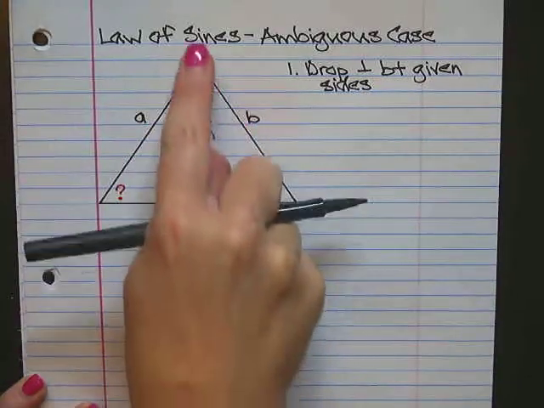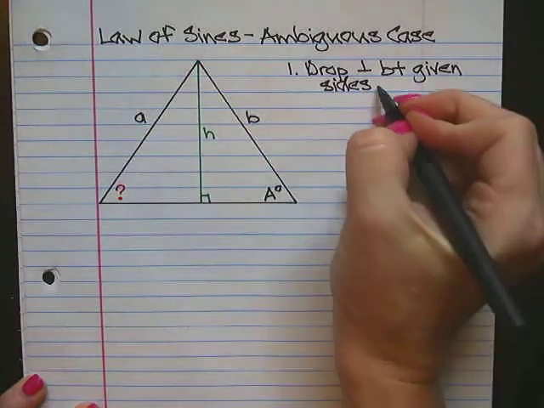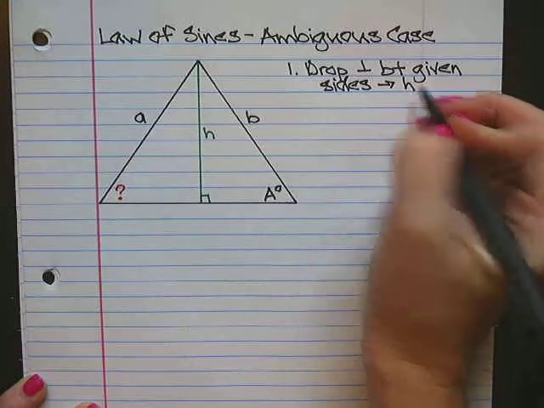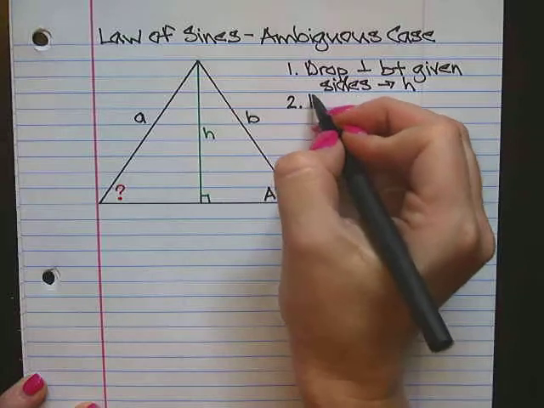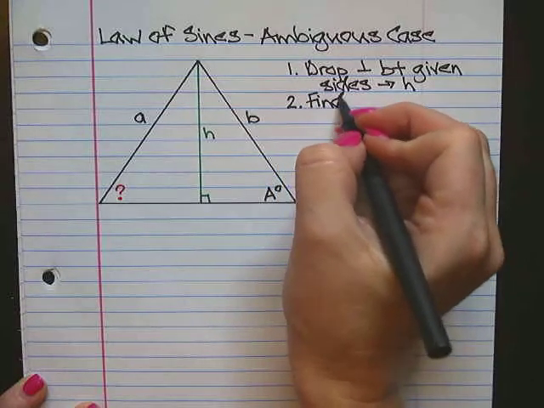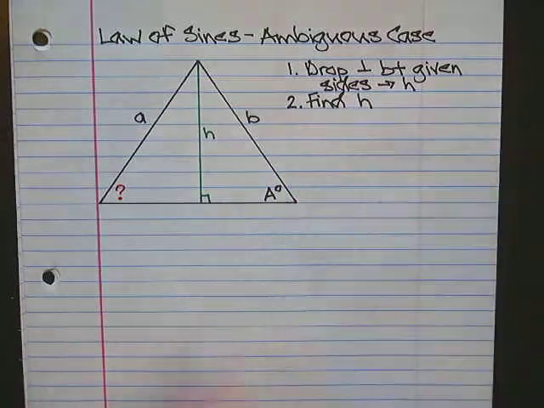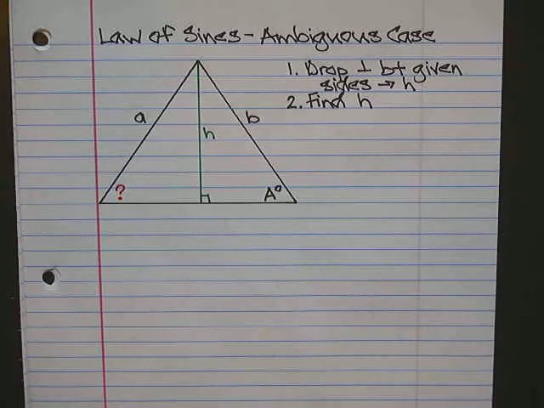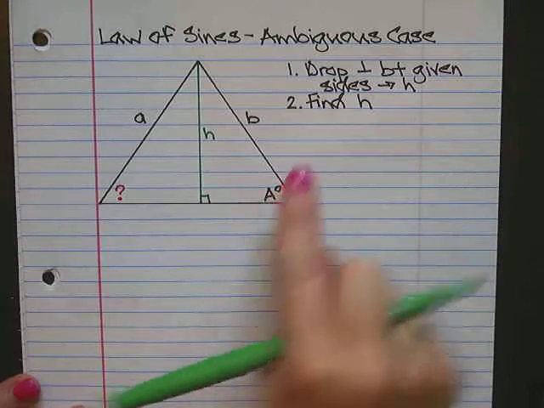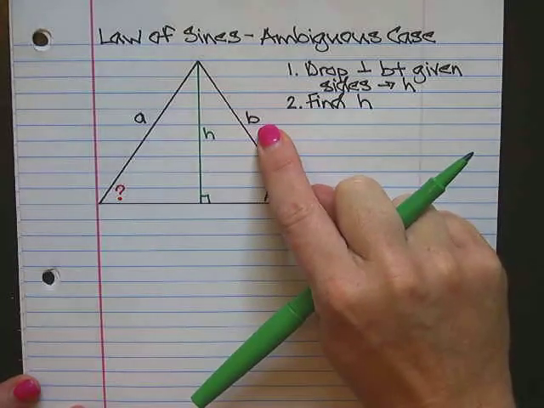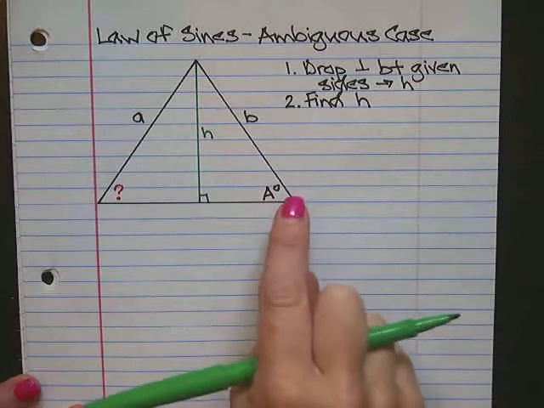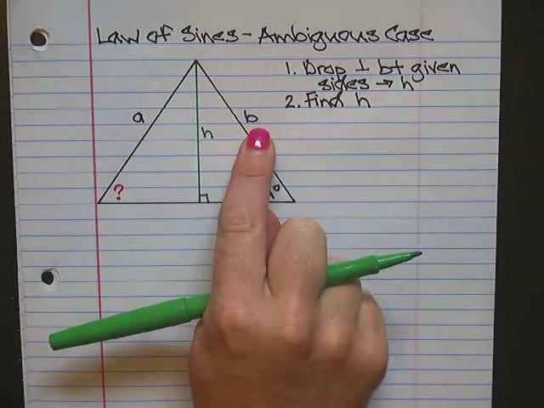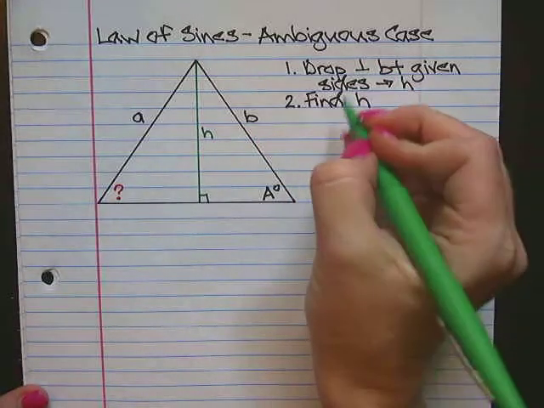My given sides were A and B, and I dropped this perpendicular and I called it H. The second thing is to find the value of H, and we'll find the value of H using trig. Notice here we have angle A, and we'll be given this side, so you would say that the sine of A is H over B, and then solve for H.